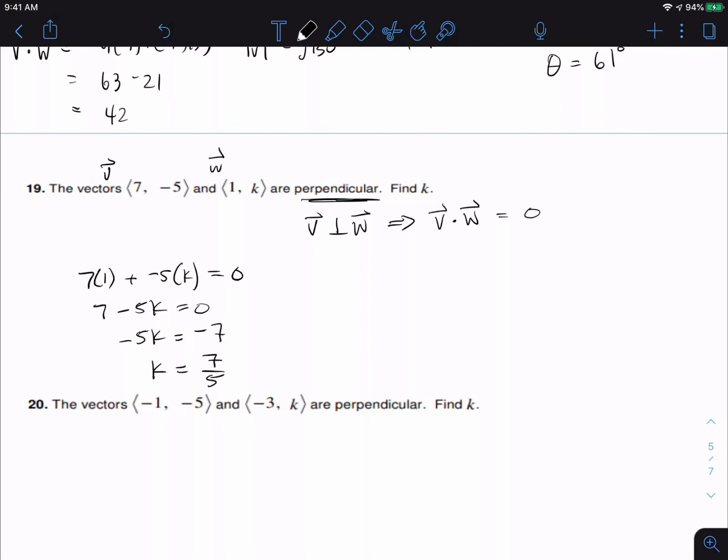But this here is the absolute key. Okay? Does that make sense?